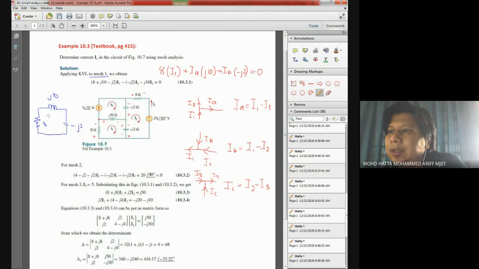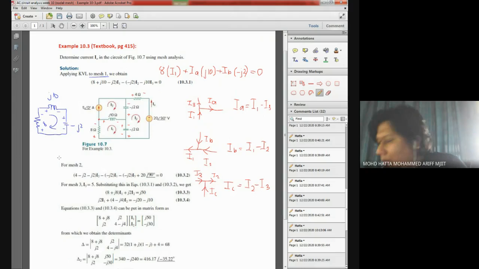Since you know that the current is flowing this way, this should be positive, negative, positive, negative, positive, and negative. That is the polarity of the voltage drop across these three elements.